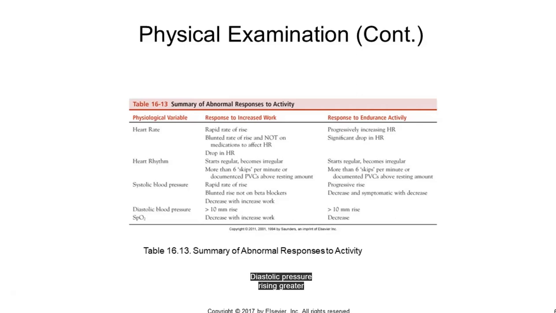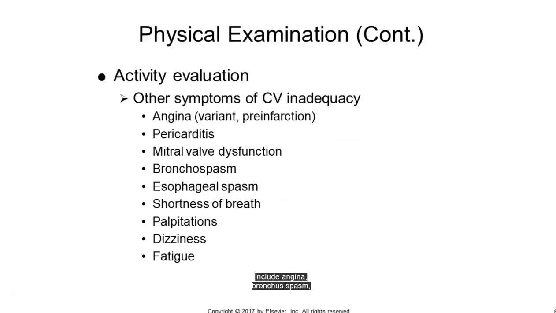Diastolic pressure rising greater than 10 millimeters on either increased activity or endurance activity and decreased SpO2. Other symptoms that may be noted include angina, bronchospasm, esophageal spasm, shortness of breath, palpitations, dizziness, or fatigue.